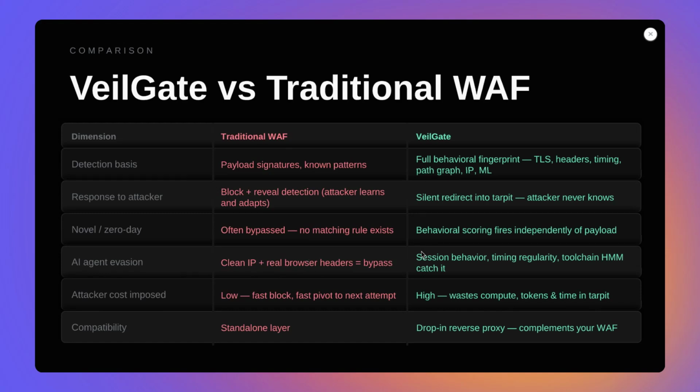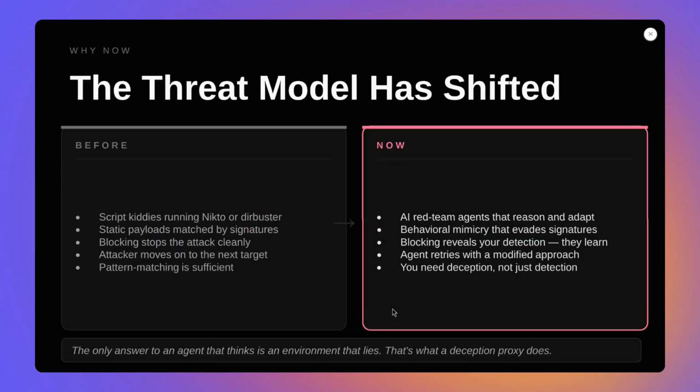And in the gate you have session behavior like timing, regularity, and tool use. So even if you are mimicking the client IP and real browser, it will try to catch you on these fingerprints and signalings. The cost impact imposed on the attacker is low on the WAF, high in VeilGate, and for compatibility it is a standalone layer. It will be in reverse proxy and customized according to your needs.